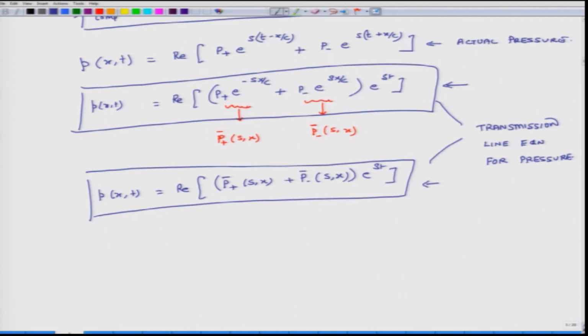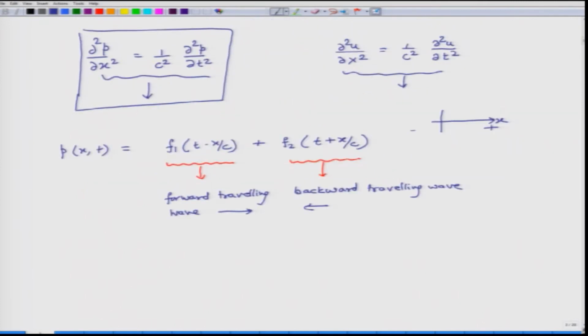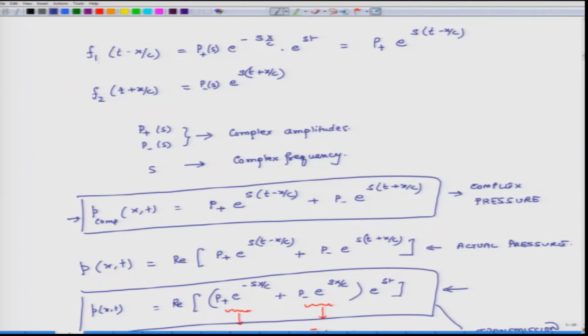Now, you may wonder why I chose this form. I chose F1 as p plus e to the power of s t minus x over c, and F2 as this form. I could have chosen any other arbitrary form as well. So, why did I choose this?